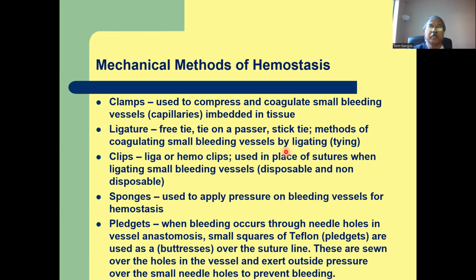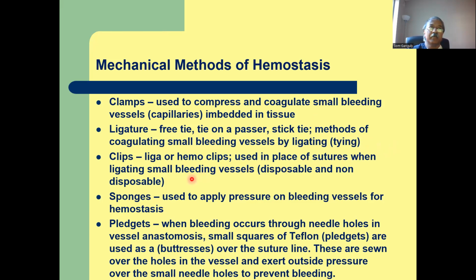So when we are using these suture materials, free tie, tie on a passer means a suture is passed using a hemostat or clamp. A stick tie means the suture actually has a needle attached to it, so they can use a needle holder. So ligature is the process by which we use suture material to ligate those vessels, tie those vessels.